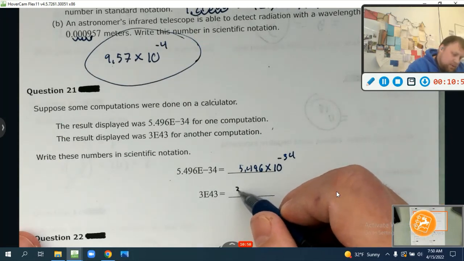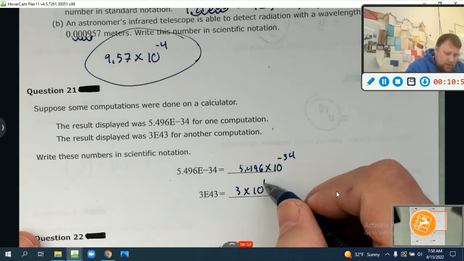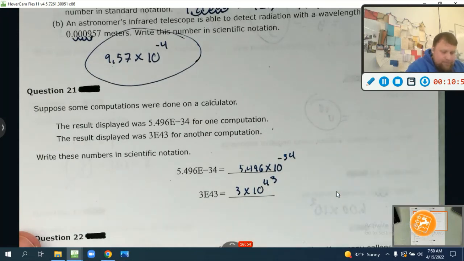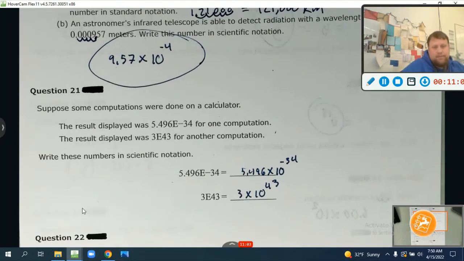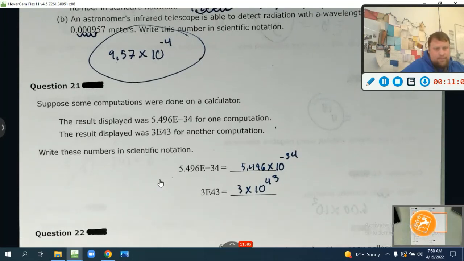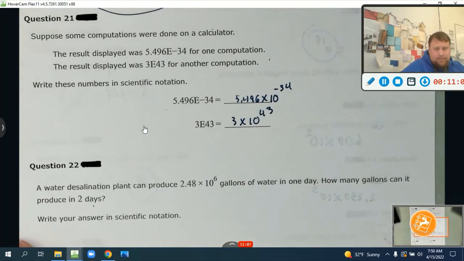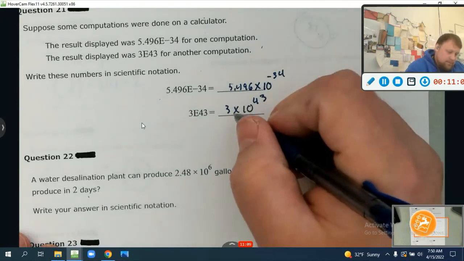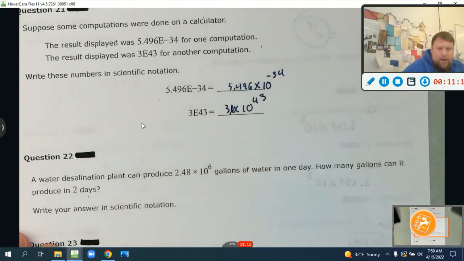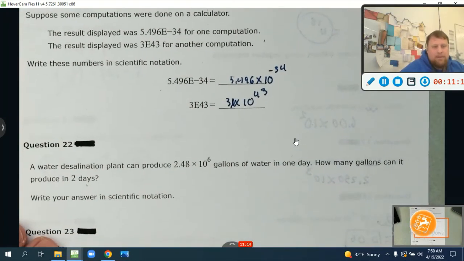And this would be 3 times 10 to the 43. There we go. That's awesome. I might put 0.0 there. I don't know. That's what I'm thinking.